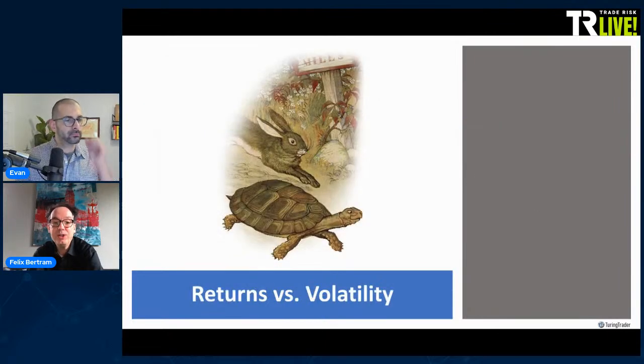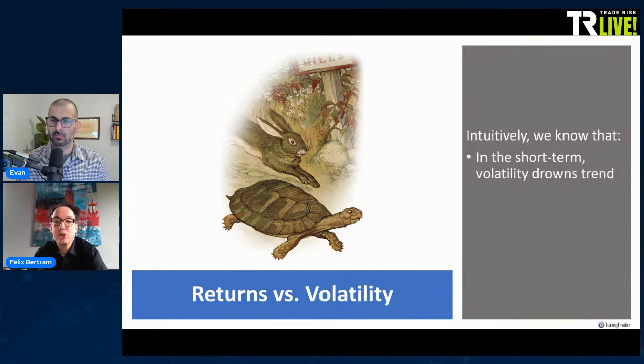We all know that investing is about a balance between returns and volatility. And intuitively, we have a good idea that in the short term, volatility drowns the trend. This is quite easy to see when you think about markets going up in a year, maybe 15% or something like that, and you distribute that evenly over all the days.